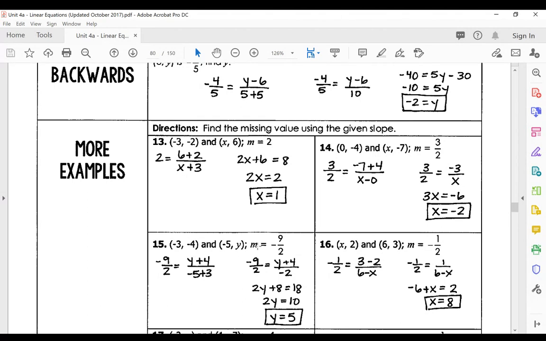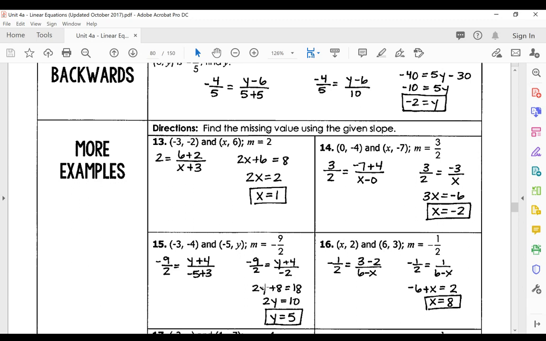I want you to notice that the slope was given to us with the negative sign out to the side. So then you just have to decide, do you want to put the negative sign with the 9 or the 2? And I'll tell you, it doesn't matter. Your answer will end up the same either way. I've chosen to put the negative sign with the 9. So when I cross multiply -9 times -2, I get positive 18 on one side of my equation. On the other side of my equation, I'm going to multiply 2 times y plus 4.